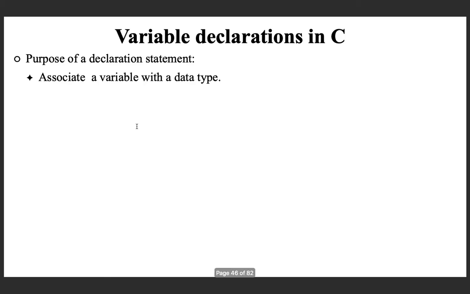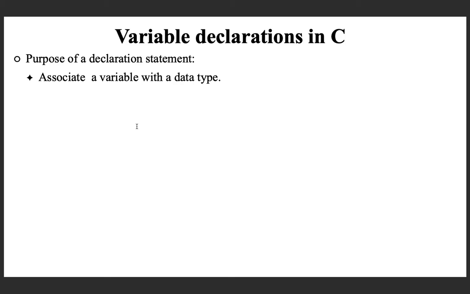Now we are coming to the last aspect that we want to discuss today, that's variable declarations. The purpose of a declaration statement. Now we are going to see the first statement in your C program, what is called a declaration statement. And what is the purpose? There are two purposes. First, associate a variable with a data type.